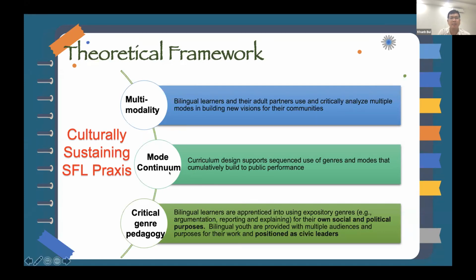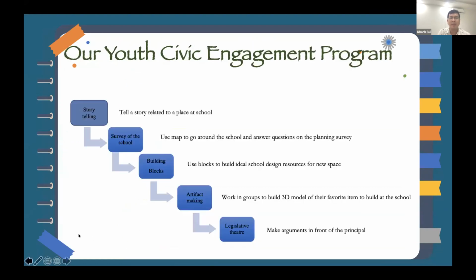The second thing is a mode continuum. Let me go back here. Our design intentionally builds up the program as a mode continuum.